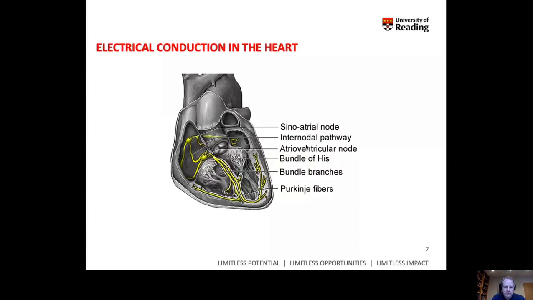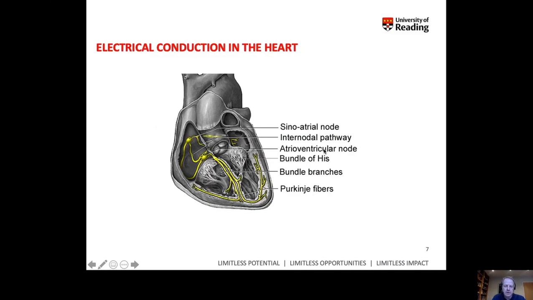Again, maybe some structural terms that we need to relate to function. So there are a number of nodes which control the electrical activity of the heart. The sinoatrial node, hopefully you'll know this better as the pacemaker, and you'll recognise this term. There are some internodal pathways between the SA node and the AV node down here, the atrioventricular node.